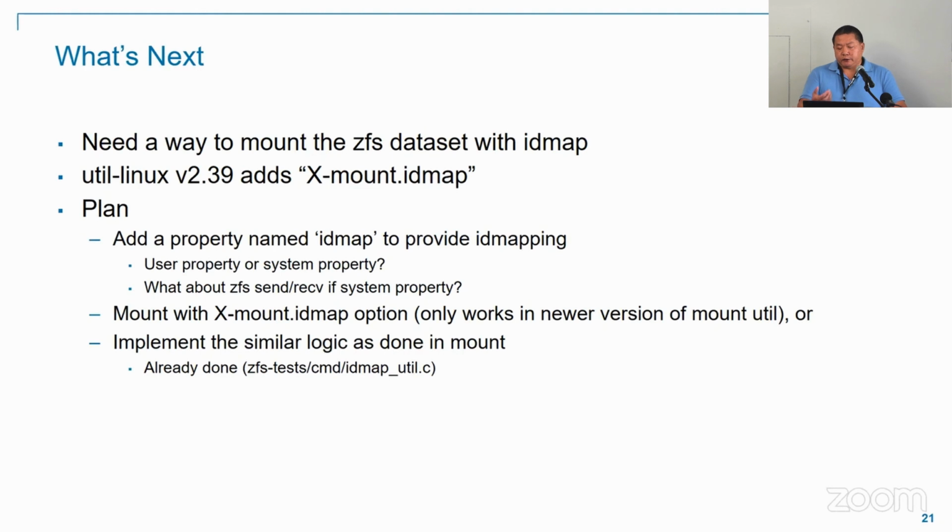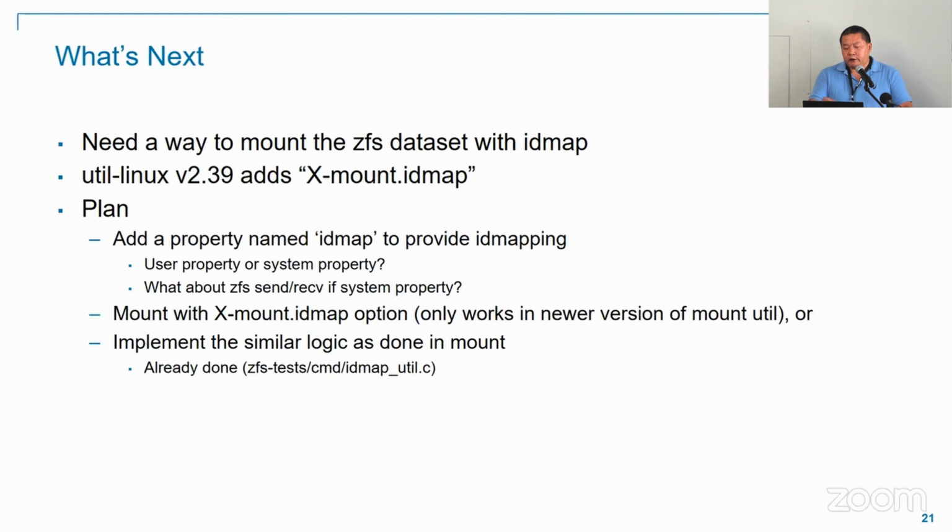What I did is basically a similar thing, but in the ZFS code we have two options: either we use the mount utility or we use the mount syscall. Typically, we use the mount syscall, so I don't think it's a good idea to use this x-mount.idmap option available in the mount utility.